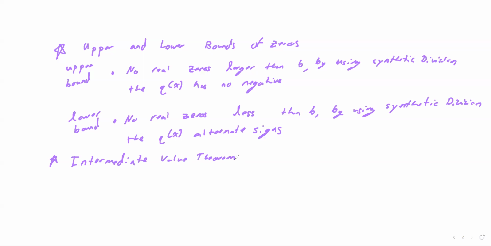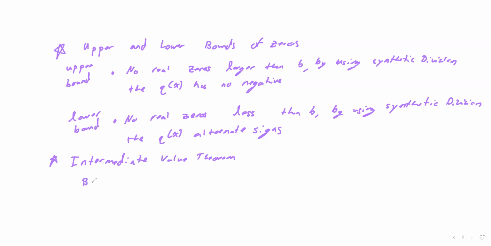Basically, what the intermediate value theorem states is if you have a value A that's less than value B on a continuous number line, and you plug them into this function and you get a value that's negative and a value that's positive, then at some point, zero had to be in between that. And it has to be a continuous function, right?